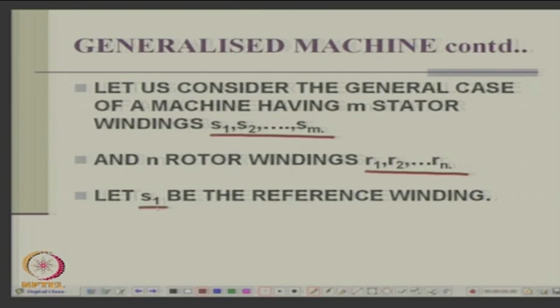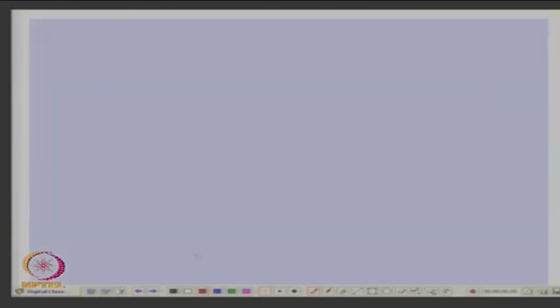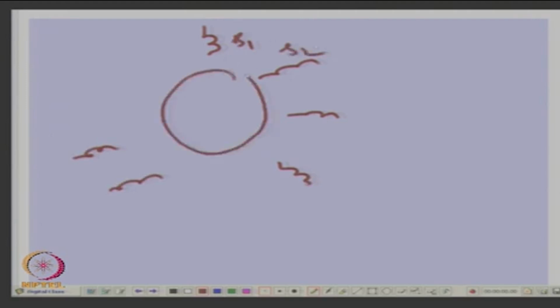Now, let S1 be the reference winding. So, what we are trying to say is, I have a machine with several windings in the stator: S1, S2, S3, and so on up to Sm. So, this is a very powerful tool in a way.